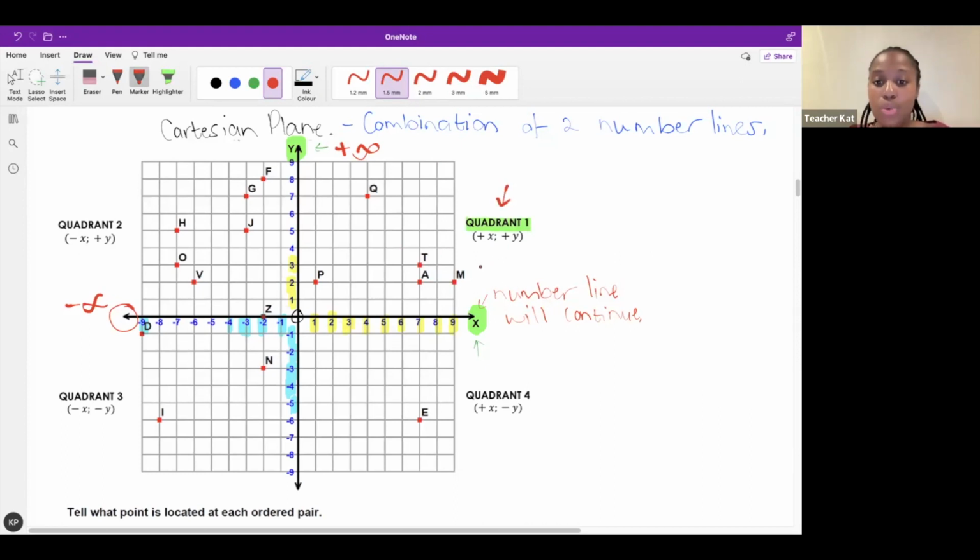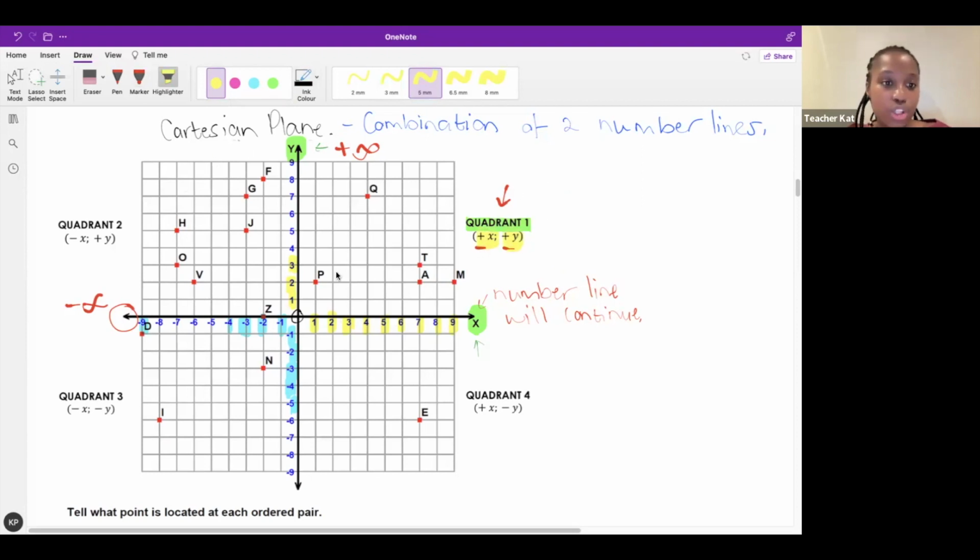In quadrant 1, any points that are in quadrant 1, both the x and the y value will be positive. Do you see that it says that here? So in quadrant 1, you will have a positive x value and a positive y value.